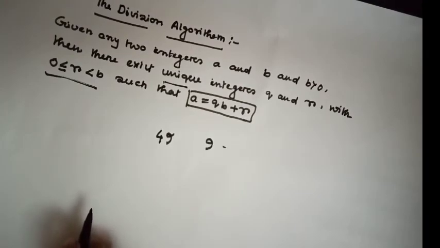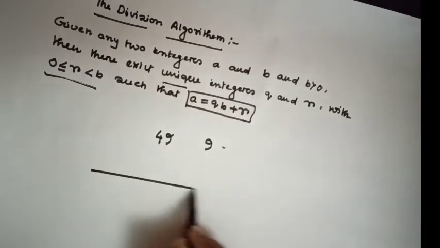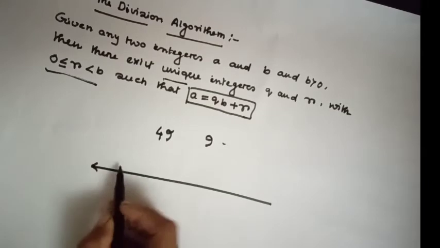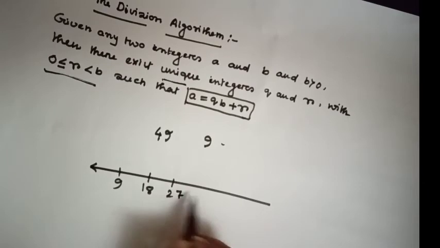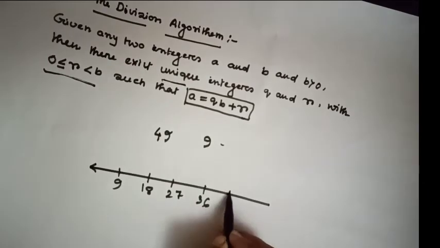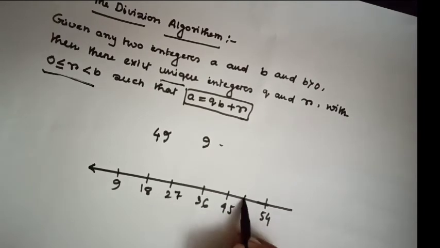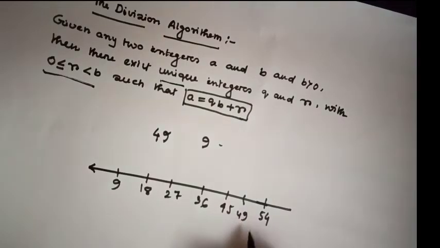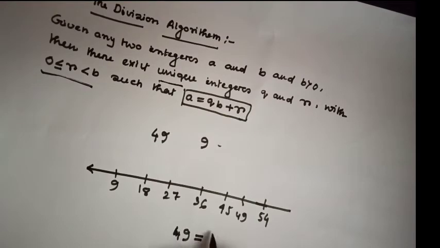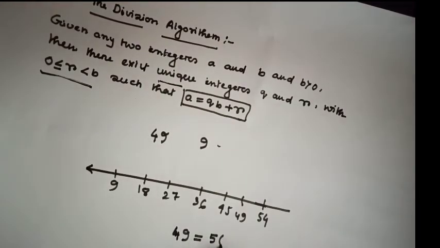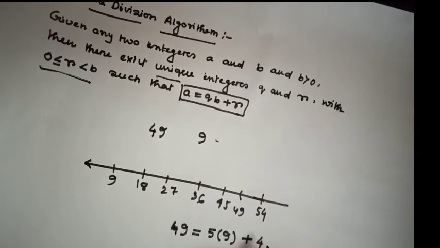Okay, first see the picture. Let's see the real line. This is 9, 18, 27, 36, 45, 54, and 49 here. 49 equals 5 times 9 plus 4. Okay.